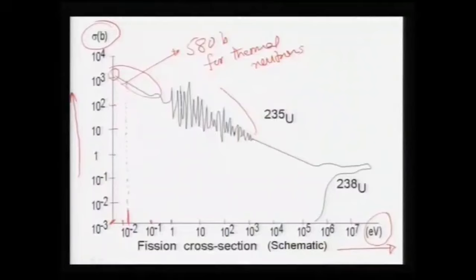Now, from 1 eV to 100 eV, this range, this will be around 1 electron volt, and this is 100 eV here. So, a little more, say 1 keV. This is the range in which you see lots of lines going up and lines going down.